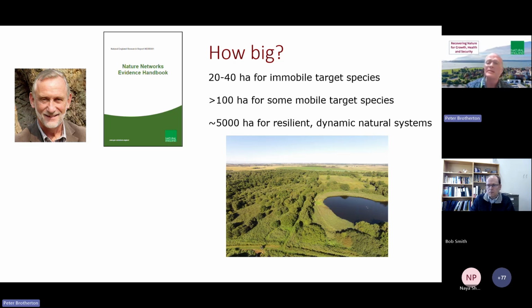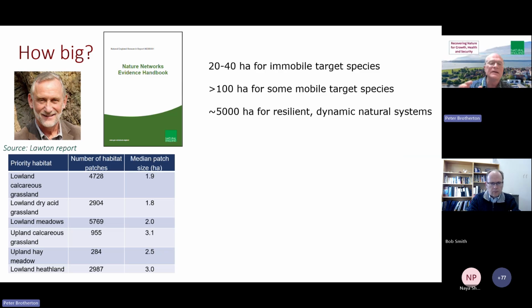If we're looking at multi-species solutions and delivering ecosystem services, we're really talking about much bigger places, perhaps 2,000 to 5,000 hectares even, for resilient, dynamic natural systems. So that's what we need. In fact, what we've got is an awful lot of tiny spaces.